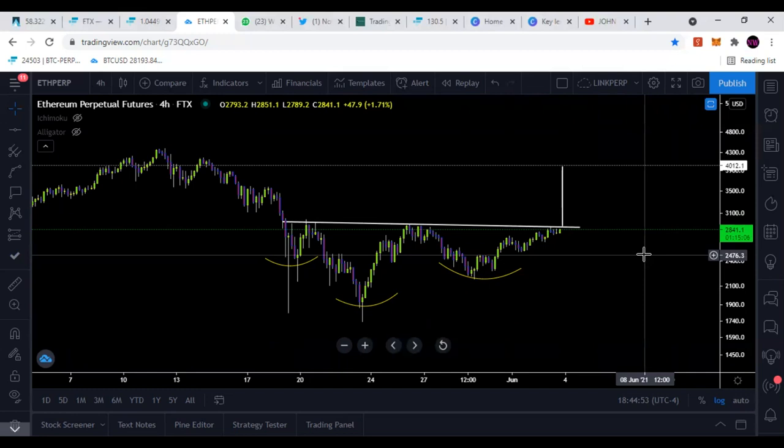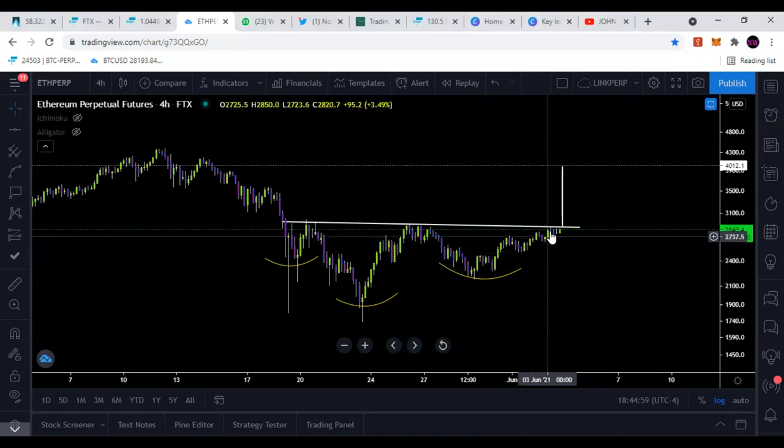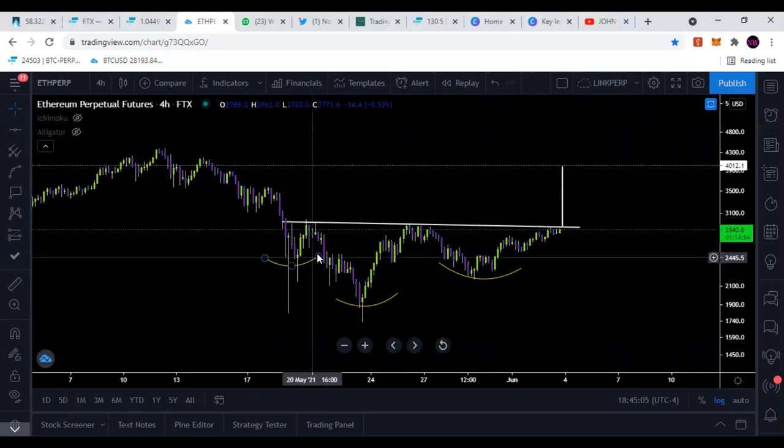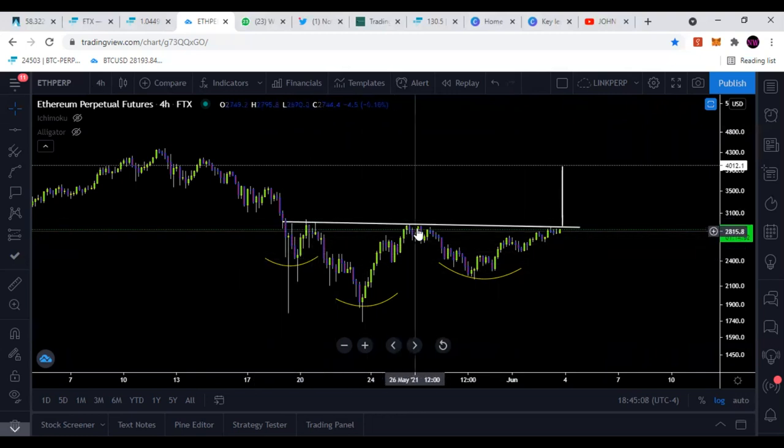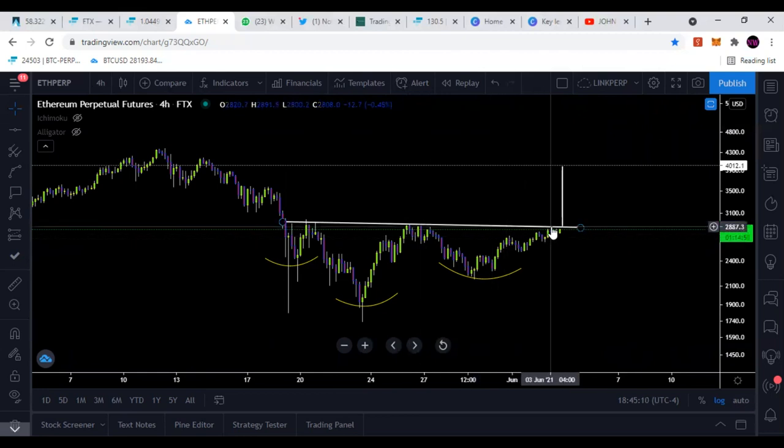No, you have to wait for that valid breakout. Now, when I say valid breakout, I mean you can see how price is respecting this level. Why? We had 1 here, 2, 3, 4, and 5. It's a psychological level where the buyers and sellers fight really hard to see who would take over the market.